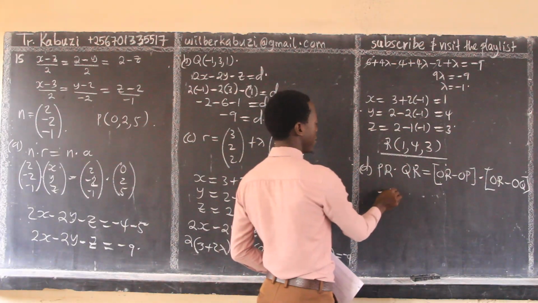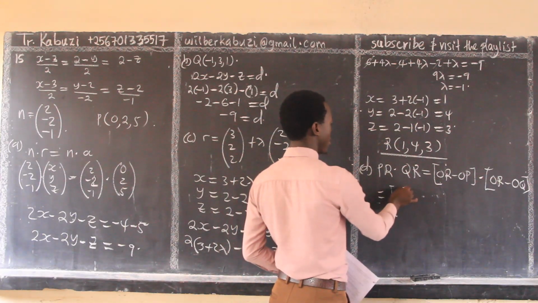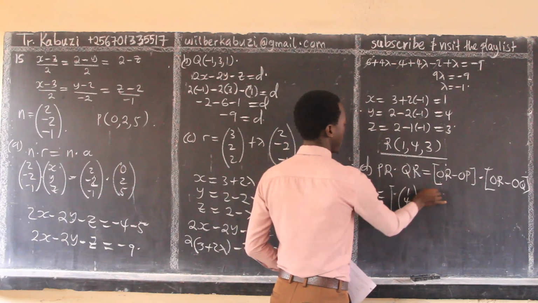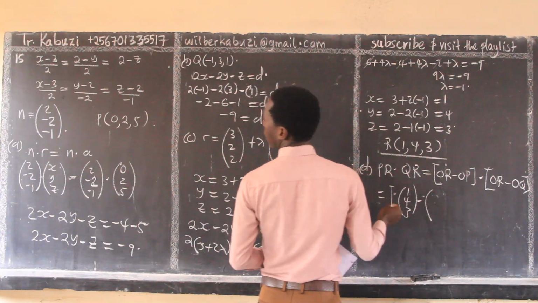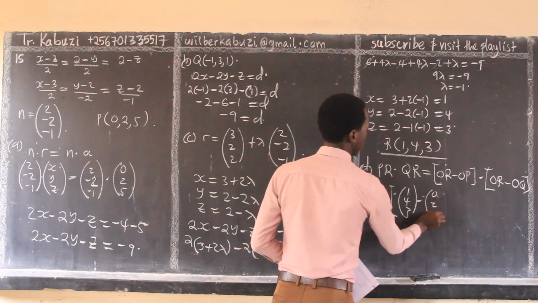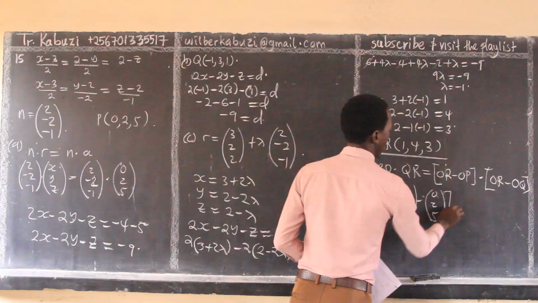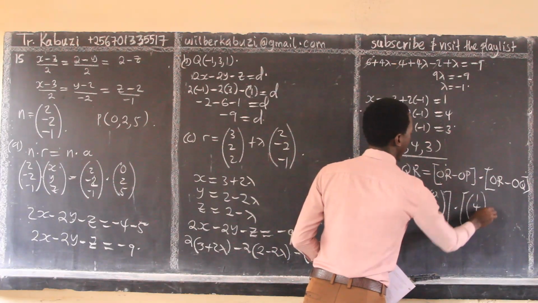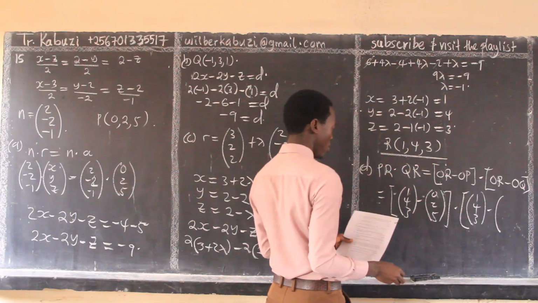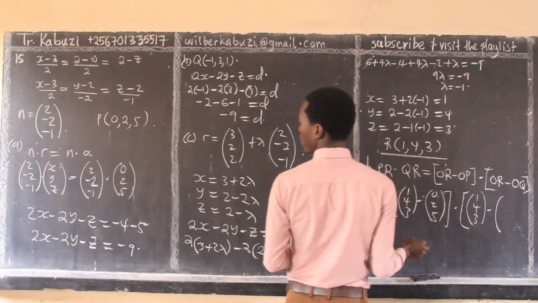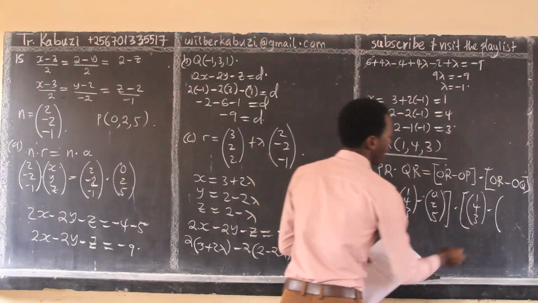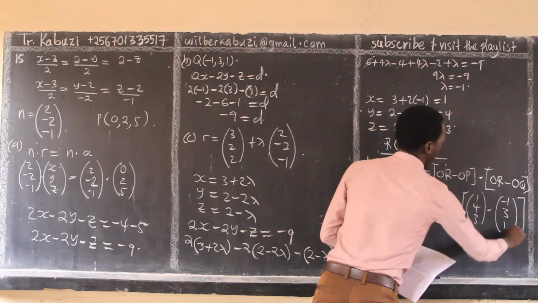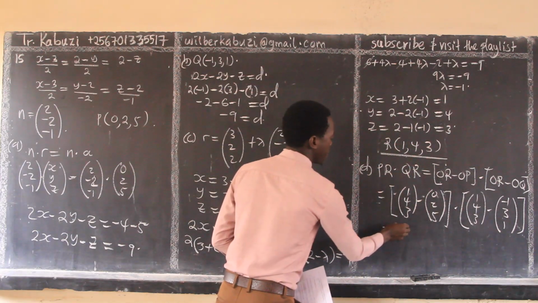So I get my OR, which is (1, 4, 3) minus OP. My P was (0, 2, 5). Dot with OR, which is (1, 4, 3) minus OQ. Our OQ is (negative 1, 3, 1). That's what we have here.